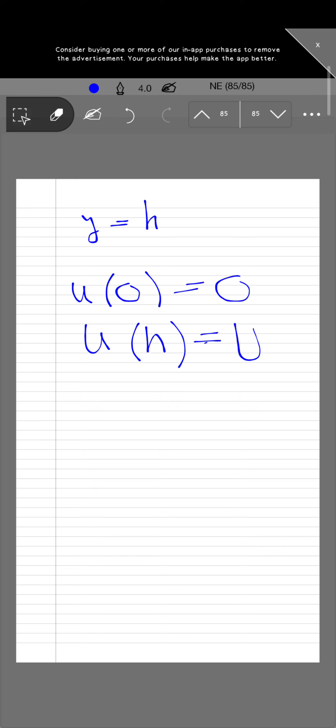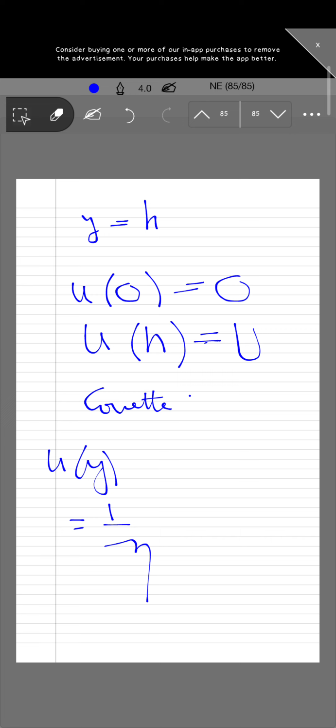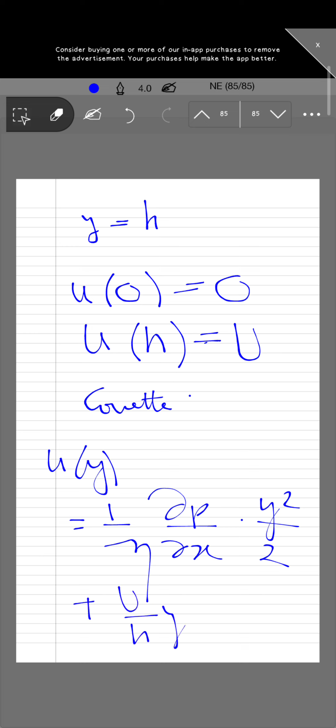So if we take it for Couette flow, we get u(y) equal to 1 by eta del p by del x into y squared by 2 plus U by h y.